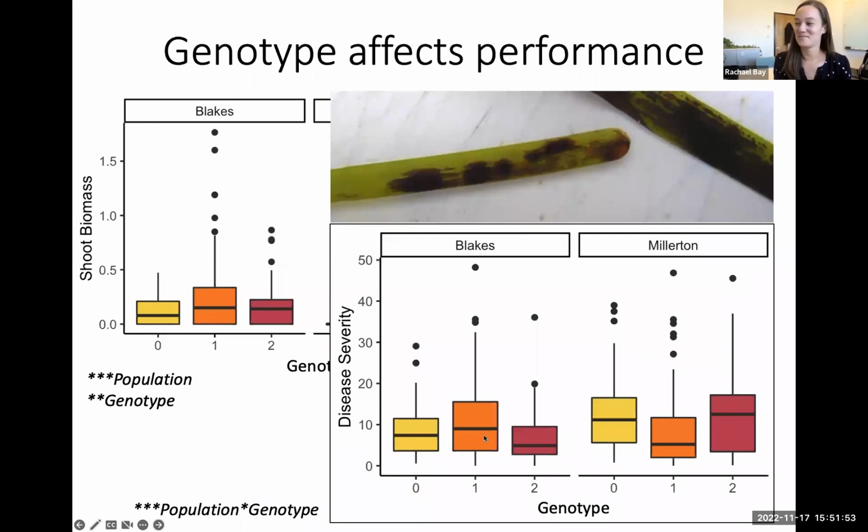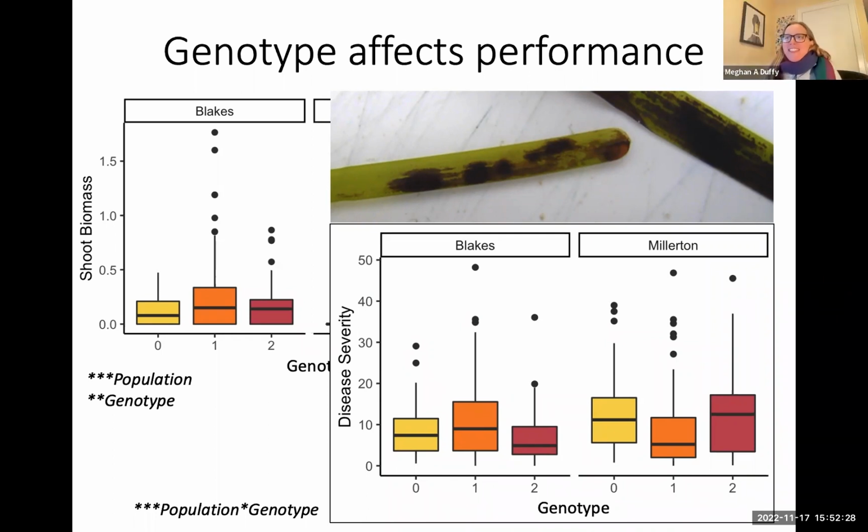I'm actually not separating out temperature treatment here because there's no difference between the temperature treatments. But the warmer population, which is Millerton here, has that genotypic difference. I don't know if that has something to do with interaction with other genes in the genome. There is a decent bit of structure across Tomales, so there are plenty of, not fixed, but allele frequency differences between the populations.